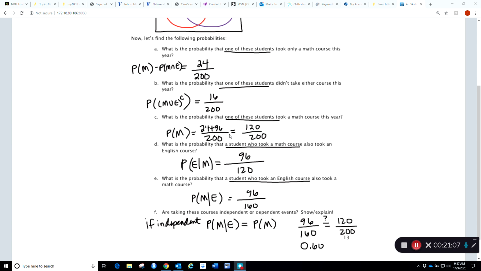This is 60%. And this is also 60%. So do they equal? Yes, they're equal. So since they are equal, these events are independent. What that means then is that taking an English course does not affect your probability of taking a math course.